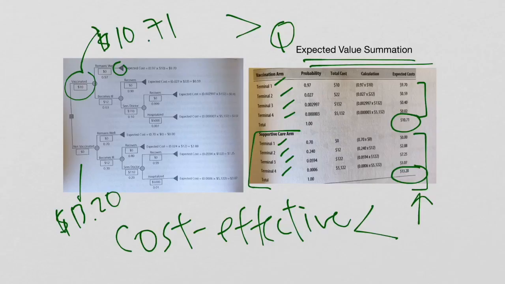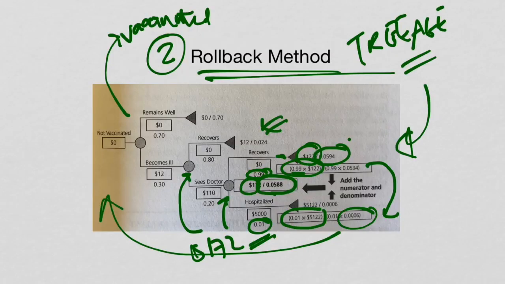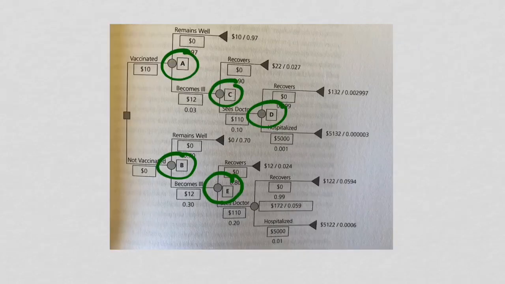Even though the methods are different, this one being a summation based on adding the expected costs of the different branches of your decision, and the second method, the rollback, taking the terminal expected value and rolling it backwards until you get to the front, this will also yield a similar number.